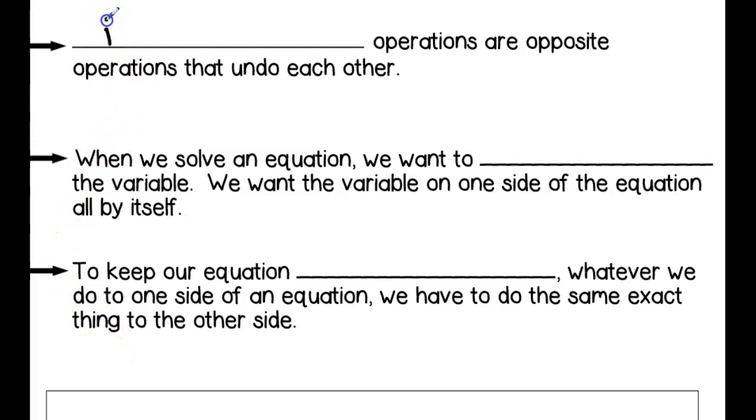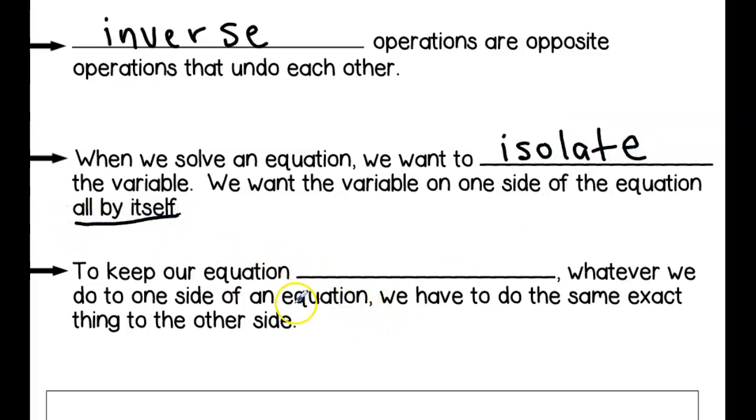These are called inverse operations. When we solve an equation, we want to isolate the variable, and that means that we want to get it all by itself on one side of the equal sign. And whatever we do on one side of the equal sign, we do on the other in order to keep the equation balanced.